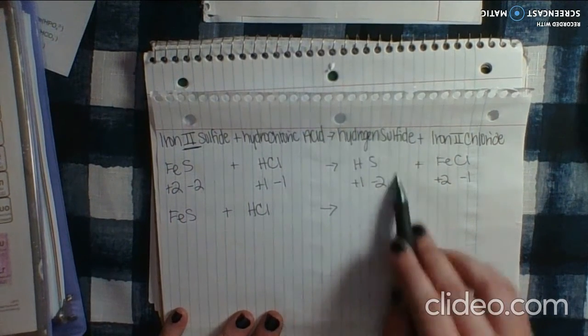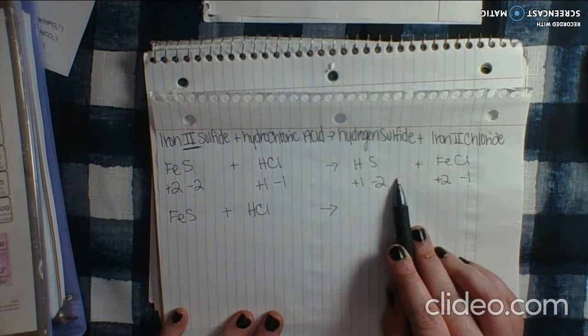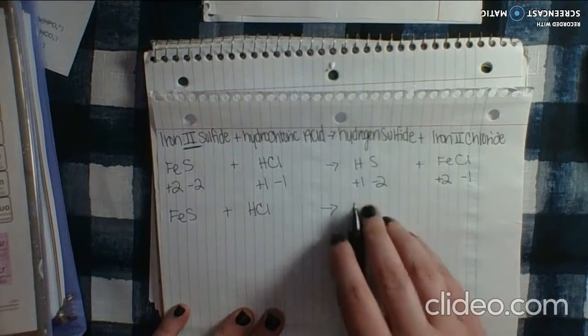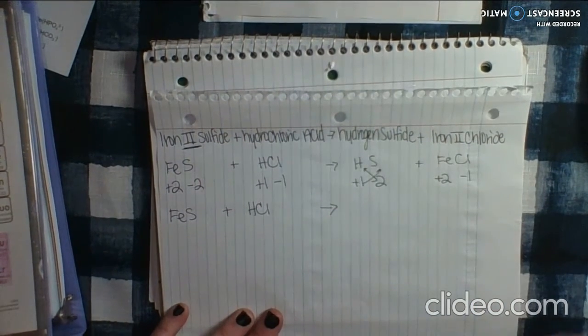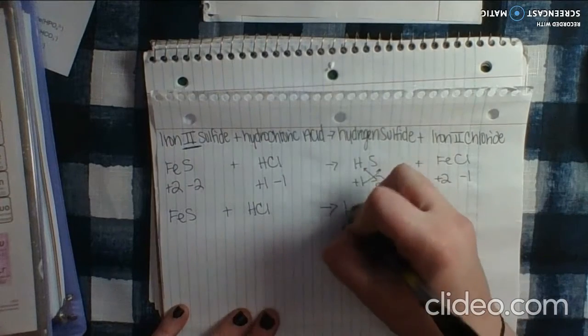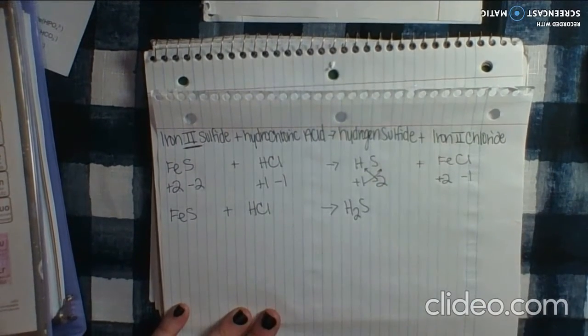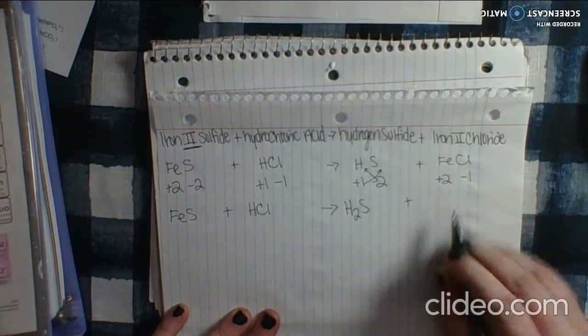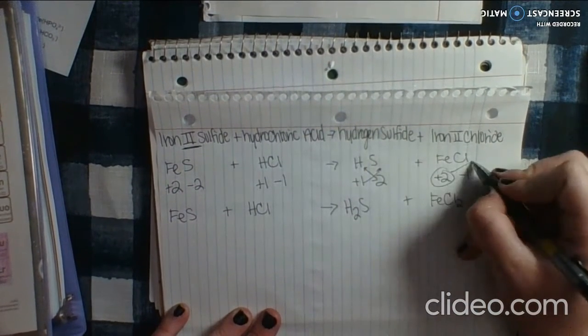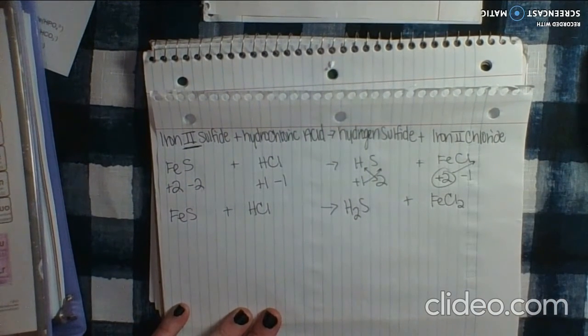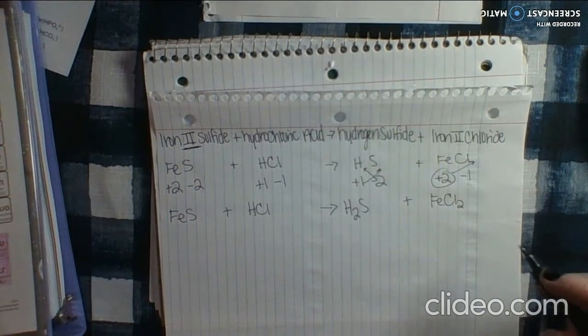So we need to make this compound have a neutral charge. So what we're going to do is flip who gets what number, and we're going to end up with that. Same thing over here. We are going to give this 2 to that chlorine right there to make the molecule neutral.